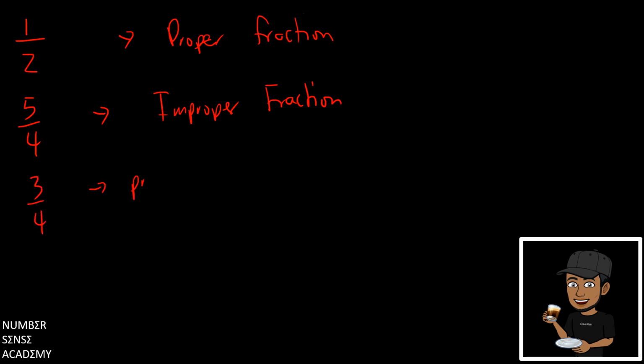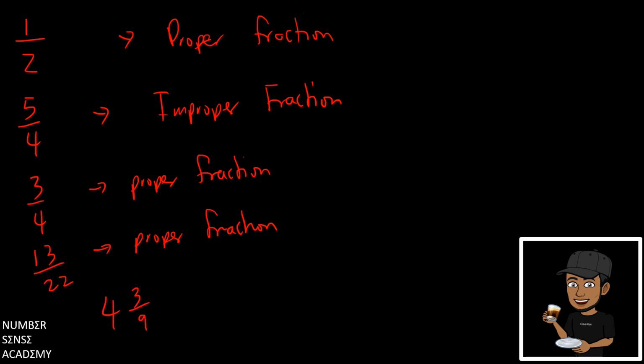Okay, and we have 3/4. Again, this is proper. The number on top is smaller than the number on the bottom. And we have 13/22. This is also proper. And what else do we have? We have 4 3/9. Well, this should be pretty straightforward.